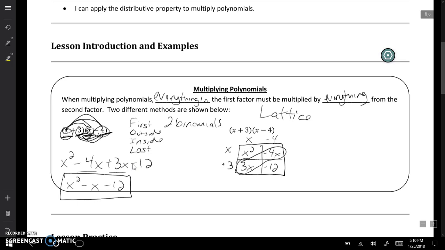Now, these guys are like terms, so you can add those together. You still have your x squared, you still have your minus x, and minus 12. It's a different way of looking at it. It's not right, it's not wrong. It's whichever one you like to do. It doesn't really matter to me, as long as you end up with this answer, that's all I care about.